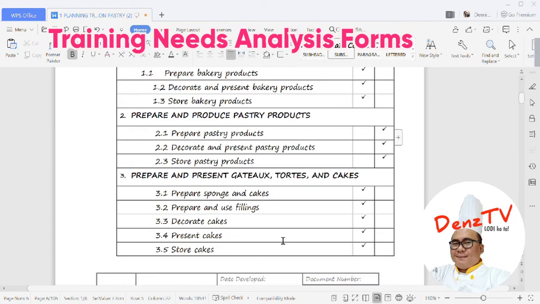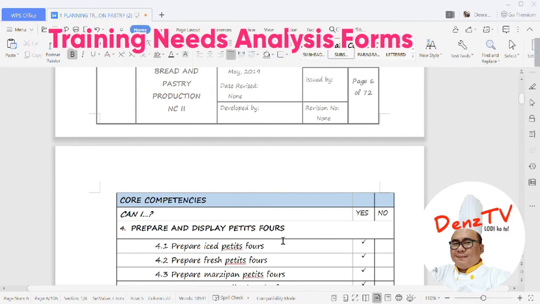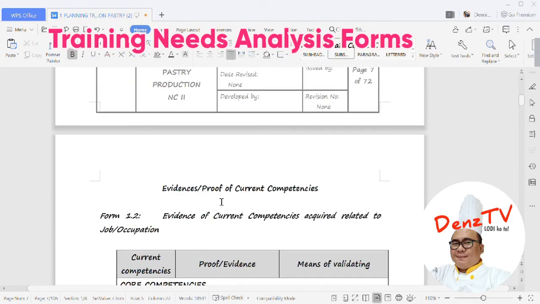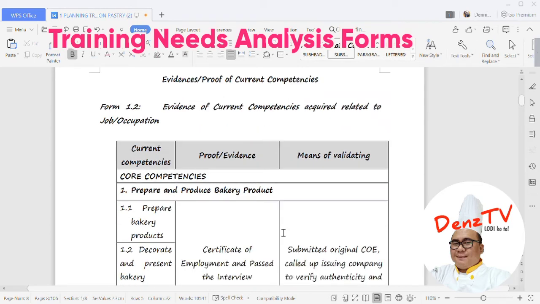Alright, let's proceed to the next form. Evidences or proof of current competencies. This is form 1, number 2, evidence of current competencies acquired related to job or occupation. If you have noticed, only the core competency is here.